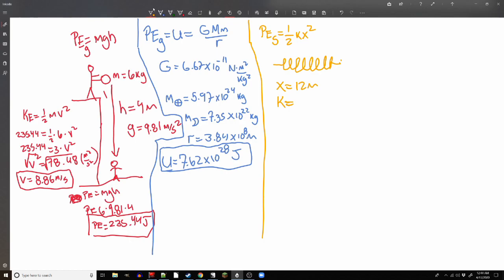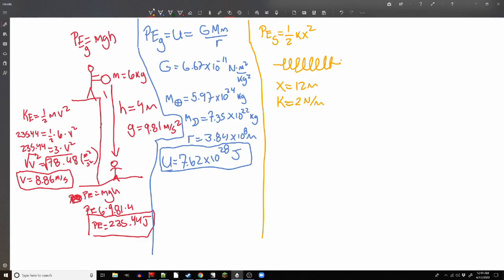Slinkies are very stretchy, so K being the stiffness really should be a smallish number, so I don't know. Let's say 2 newtons per meter for K.